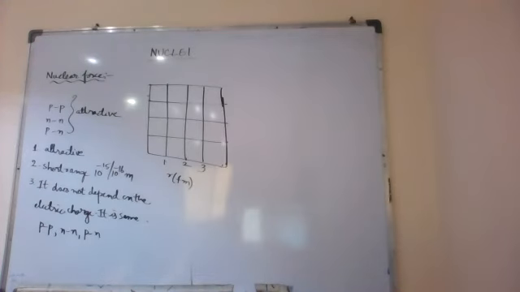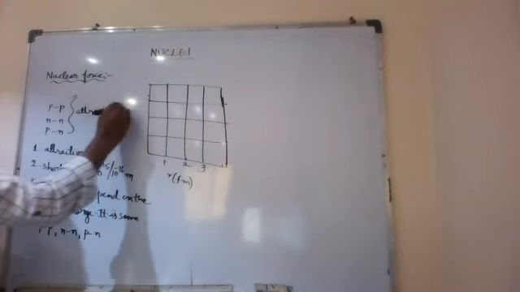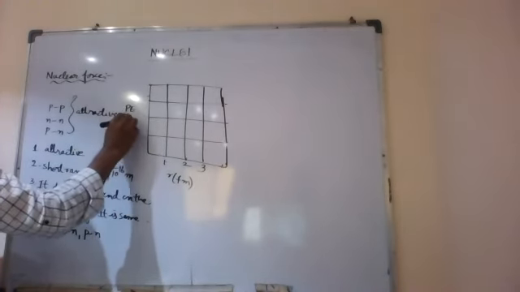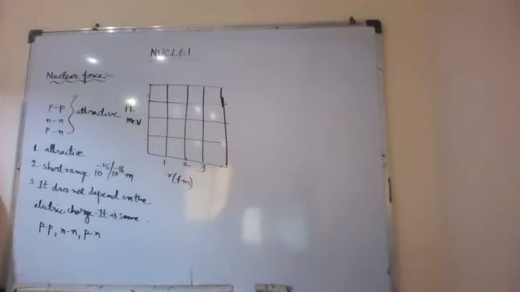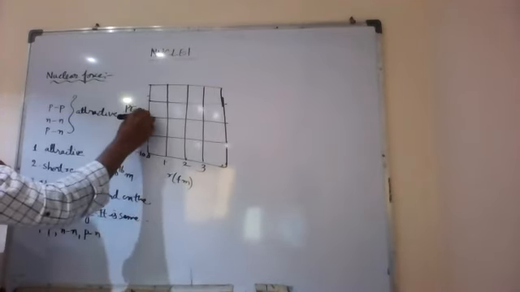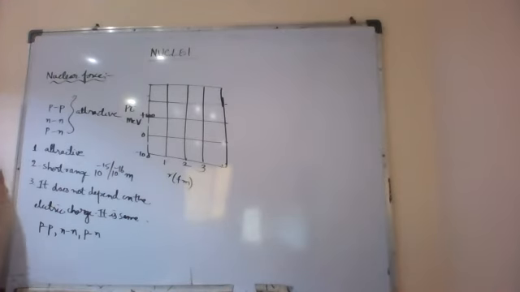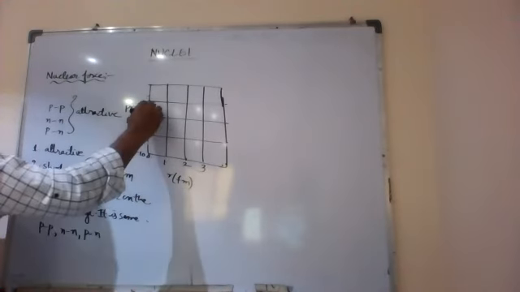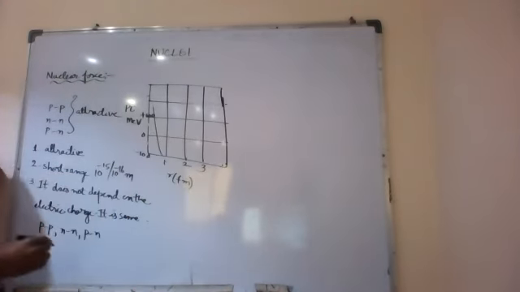Femtometer is 10 to the power of minus 15. Potential energy is in MeV, mega electron volts. This is minus 100, 0, and then this is plus 100.